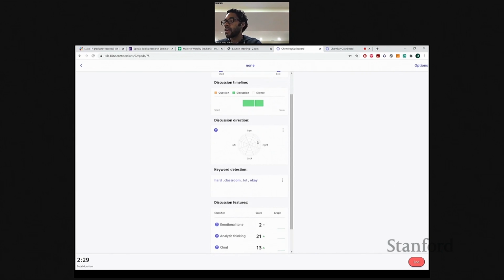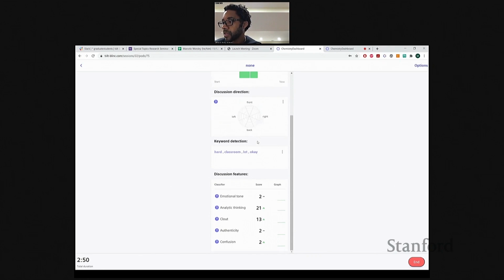Down here, this is a representation we're still working on with this kind of microphone. But we also have it set up with a specialized microphone array that will give you a sort of heat map, or more so a visualization of how much verbal contribution is coming from different portions of a small group. Down below, you're seeing a keyword detection.